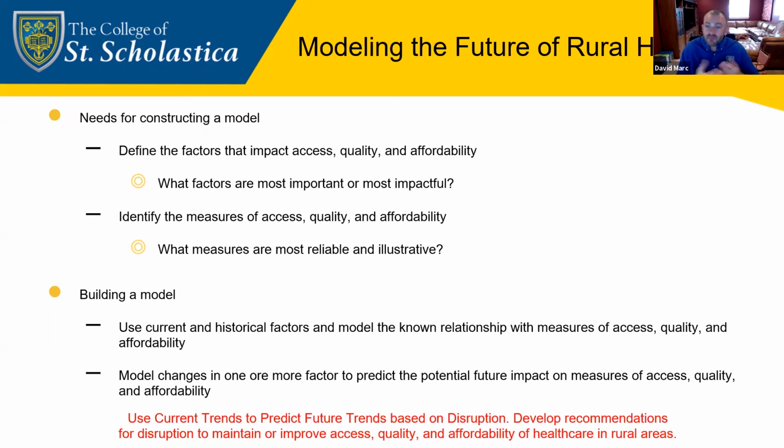Is it the amount of money that people are spending on healthcare? Is it the rate of mental health in rural communities? Are those ways in which we can measure quality and affordability? What are the most reliable and illustrative methods? There needs to be further discussion on identifying those and prioritizing the factors that can impact them.